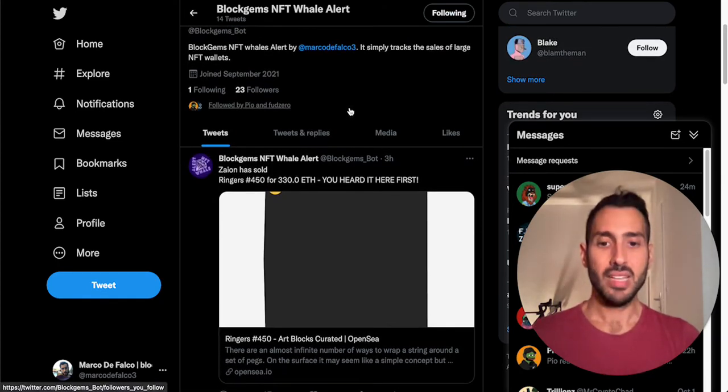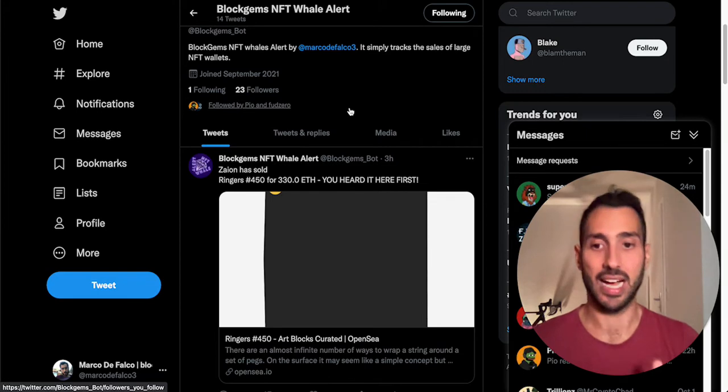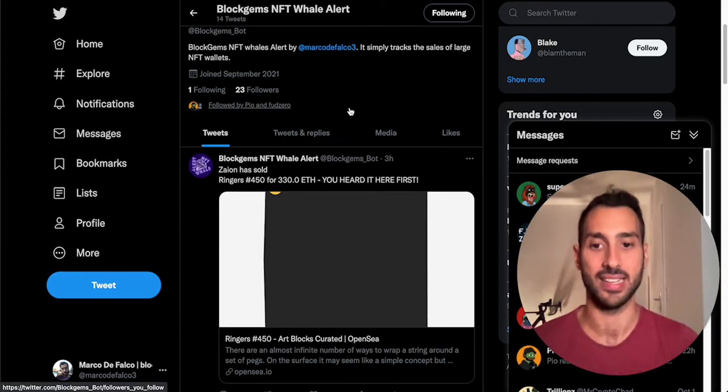And I've built this because if a very large collector starts selling aggressively a specific category of tokens, that can be destabilizing for the market, that can trigger panic in the market, and you might want to be informed about this. And you can get to this kind of information only thanks to on-chain data. There is no other way. This is why I believe that on-chain data can deliver a lot of alpha.